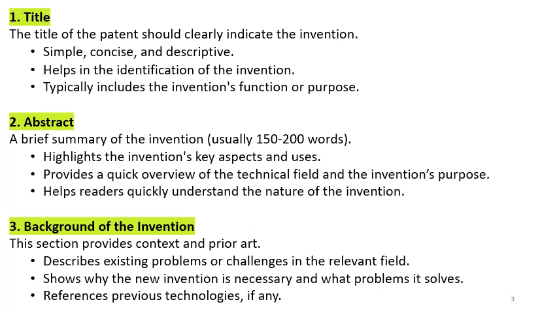The title of the patent should clearly indicate the invention. The title should be simple, concise, and descriptive. It helps in the identification of the invention, and the title typically includes the invention's function or purpose.